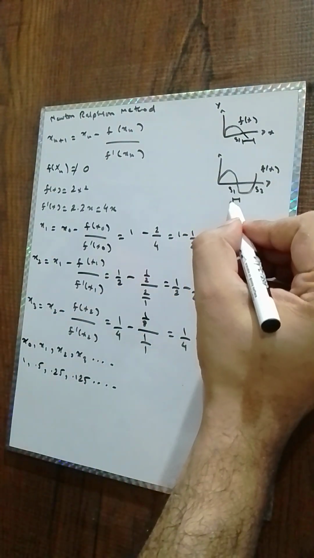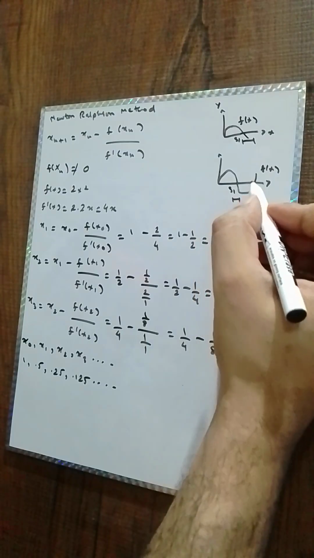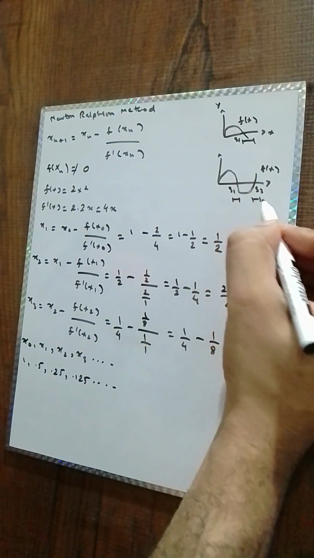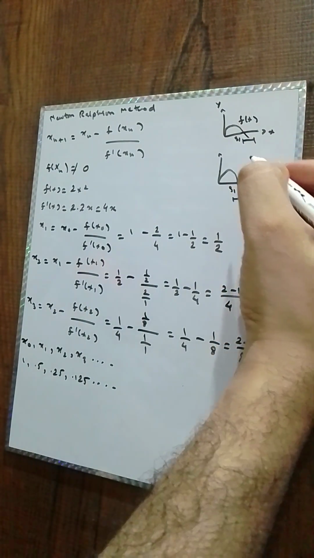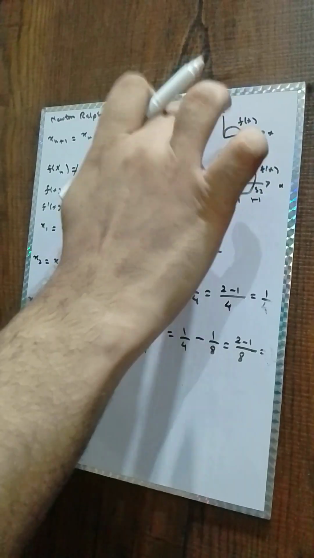This is just a graphical representation. The first interval would lie around S1 and the second would lie around S2. Yes, the point of intersection of y at x. So you see this is x and this is f of x.